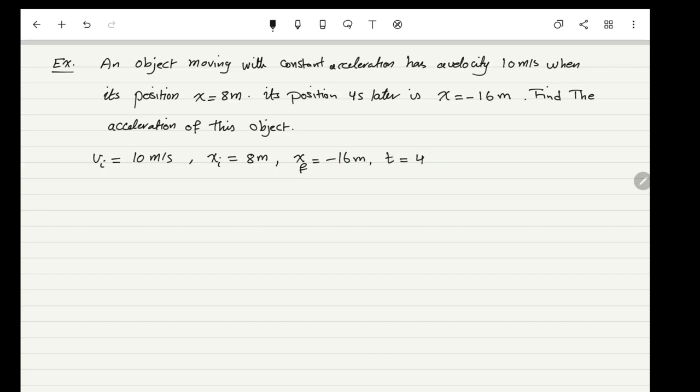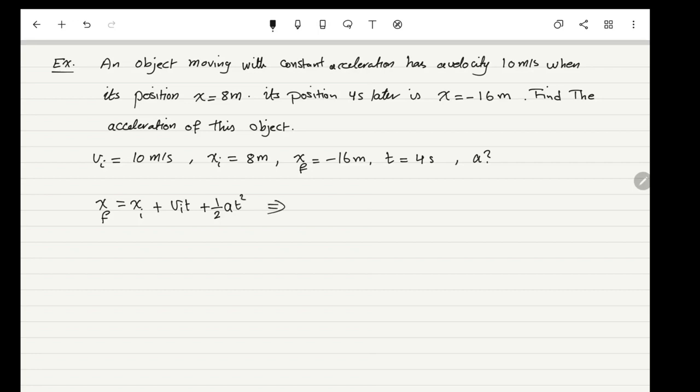Time equal to 4 seconds. Now acceleration, that's what we look for. Let's use here x final equal to x initial plus v initial t plus half a t squared.